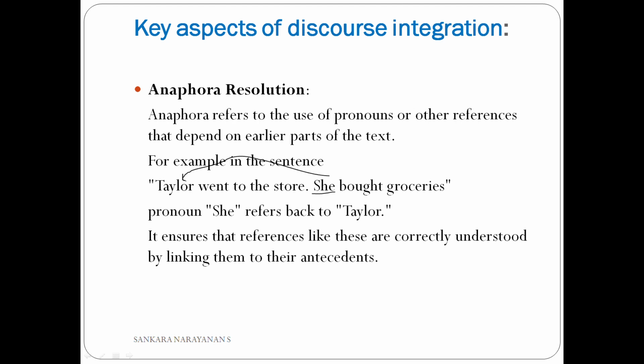This is called anaphora resolution. It uses pronouns and other references that depend on earlier parts of the text, and the purpose is to ensure that references like these are correctly understood by linking them to their antecedents.